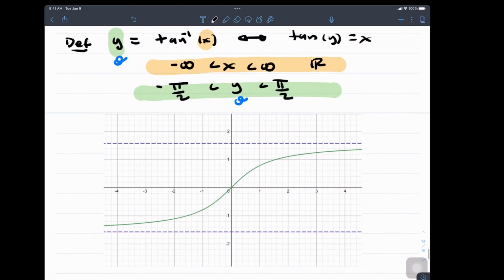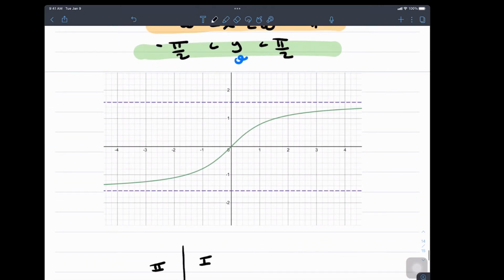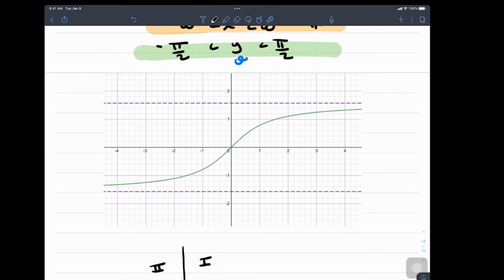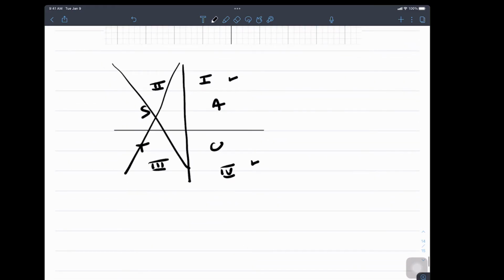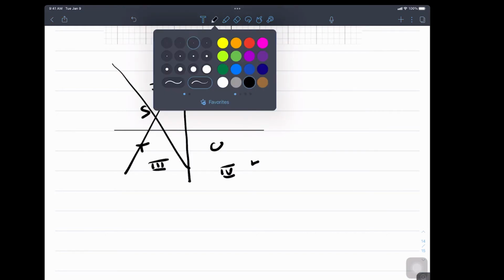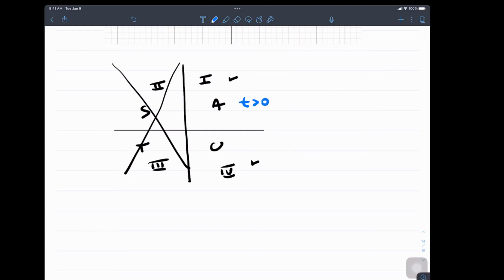So when they say theta or y is between 90 degrees and negative 90 degrees, this is quadrant 1, and then negative angles are quadrant 4. All students take calculus. So you actually threw out quadrant 2 and quadrant 3. So here, tangent is positive, and over here, tangent is negative. So this is very similar to inverse sine is my point.